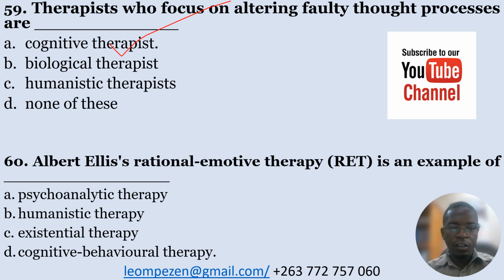Albert Ellis' rational emotive therapy is an example of A, psychoanalytic therapy, B, humanistic therapy, C, existential therapy, D, cognitive behavioral therapy. Albert Ellis' rational emotive therapy is an example of cognitive behavioral therapy.